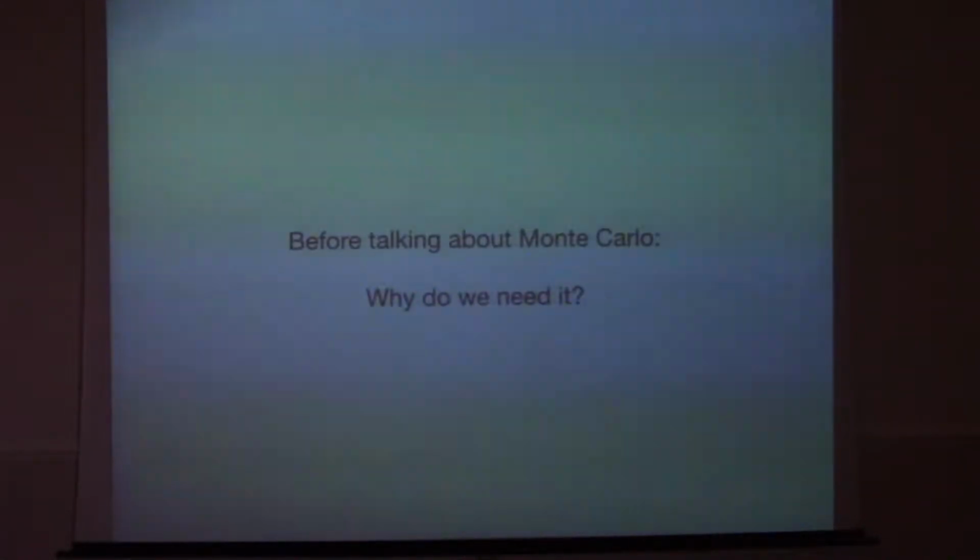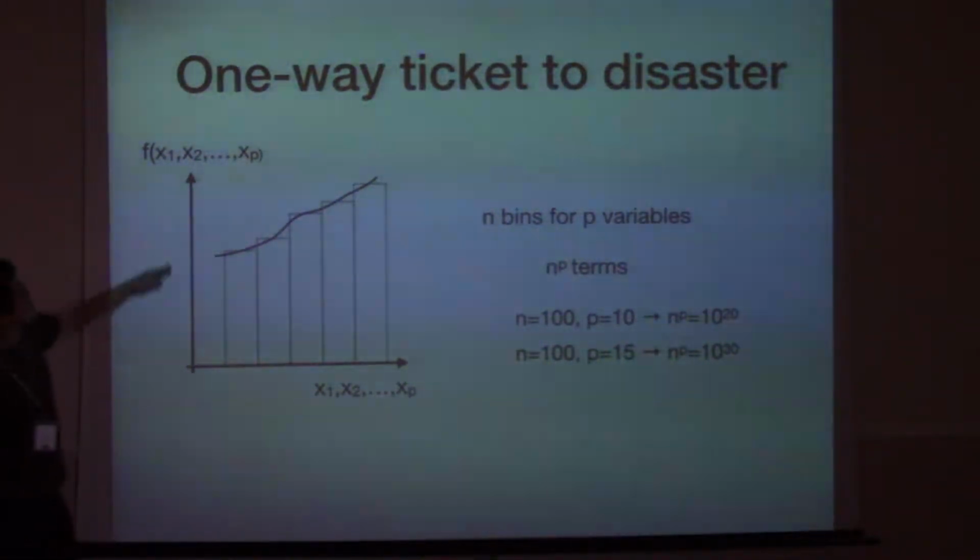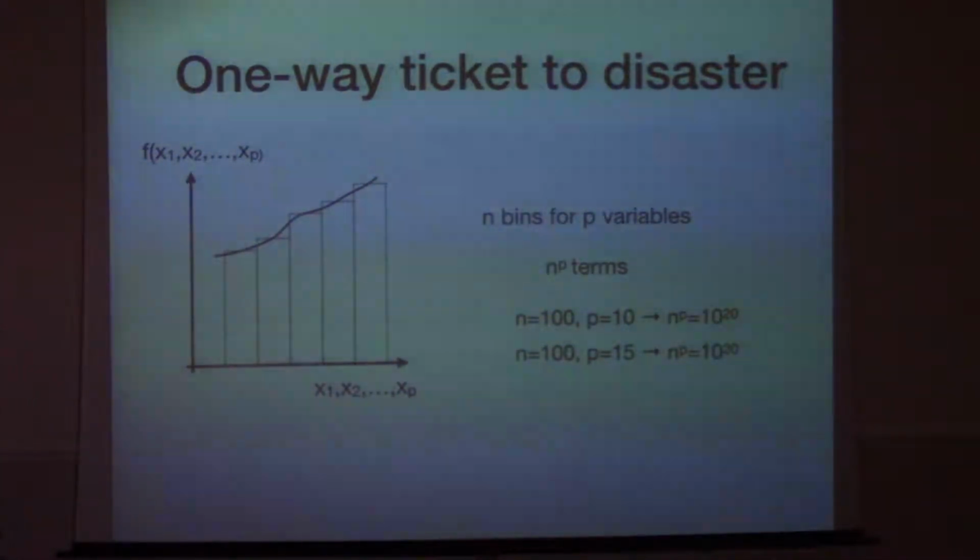Okay, so before talking about the Monte Carlo, why do we need it? Why not the other method? For that, I should show one way to get to disaster. Imagine we want to integrate the p variable function, f of x1 to xp.